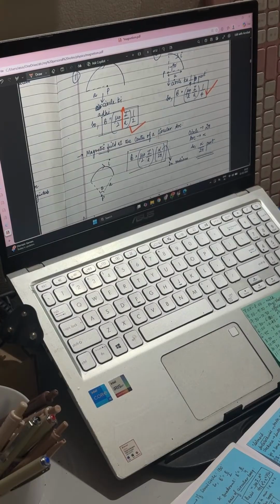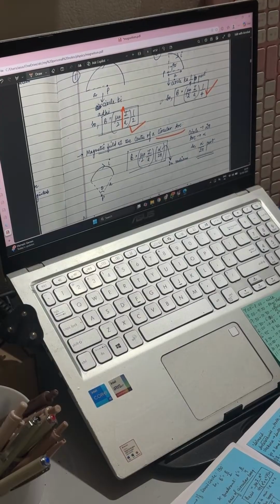But if they talk about some arc, there you cannot put 1/2 or 1/4. There you need to properly substitute alpha upon 2 pi. That's how you get the arc. The circle is 2 pi and the arc is alpha, so you put the alpha upon 2 pi part here. Got it? So for a semicircle, alpha is pi, pi upon 2 pi, that's how you got 1/2 here.